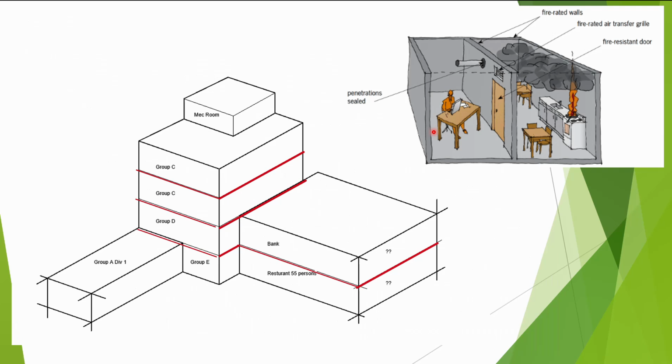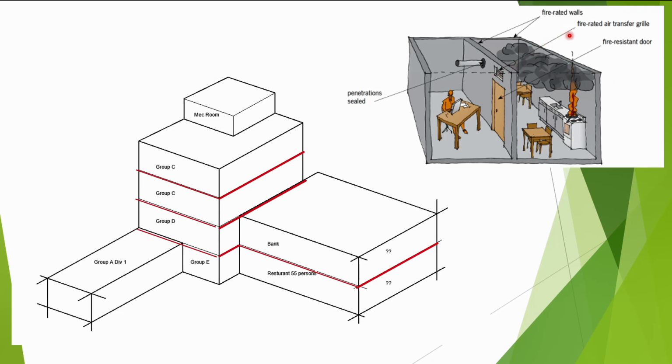Now, in this image, you can see 2 rooms. There's a person working in their office, for example, a home office, but they left a pot on the stove, and there's a fire. First of all, there's going to be smoke. As you can read, this wall is a fire rated wall.